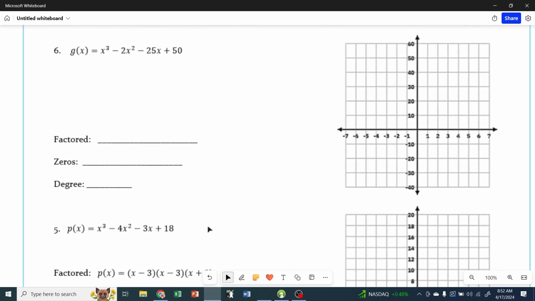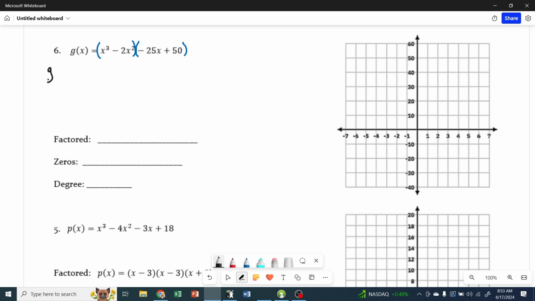f of x equals x cubed minus 2x squared minus 25x plus 50. Okay, so we're going to factor this, and we're going to do it by grouping. So I'm going to group these two, and I'm going to group these two.